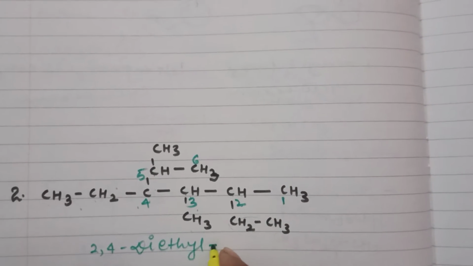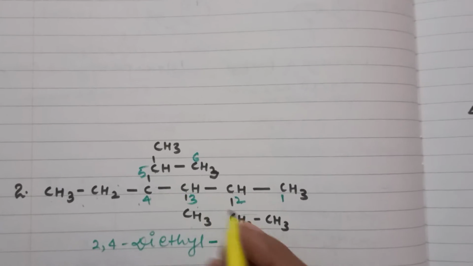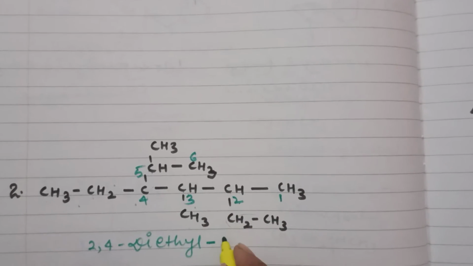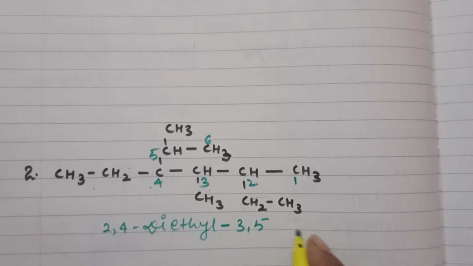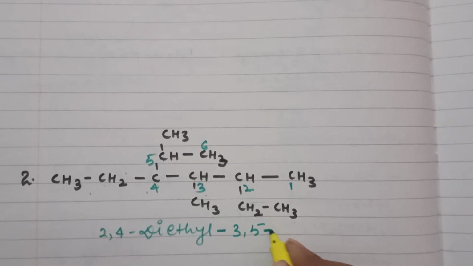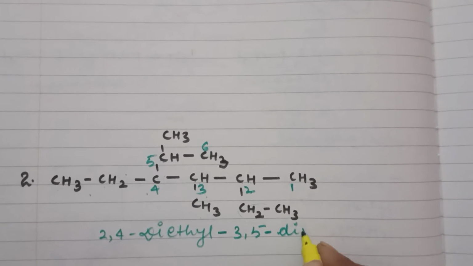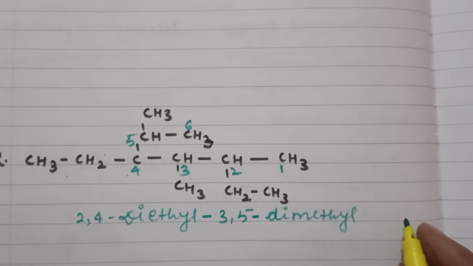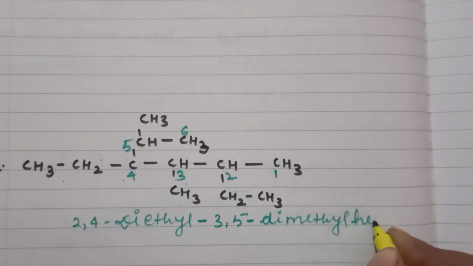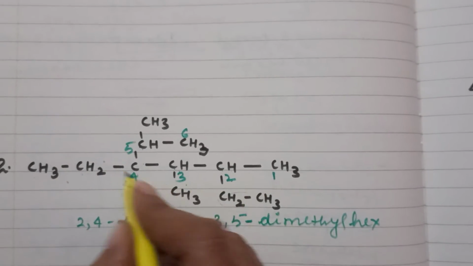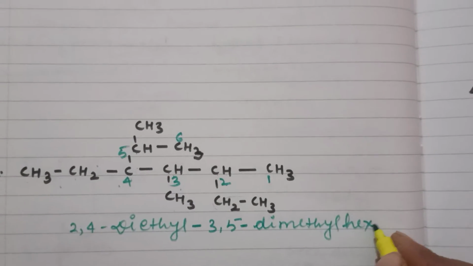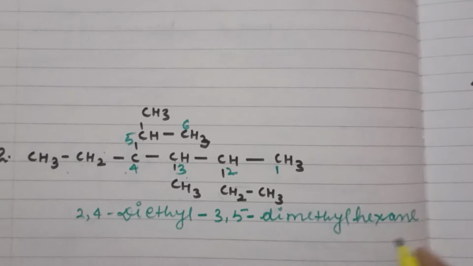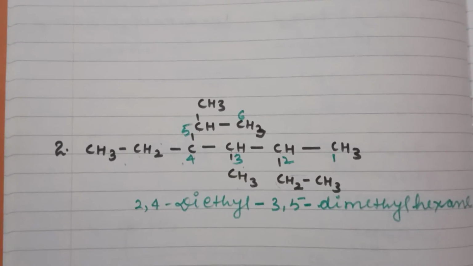Then 3, 5-dimethyl. How many carbons are there? 6. Hex. Everywhere is a single bond, so ane suffix. Okay, this will be the name of this compound.